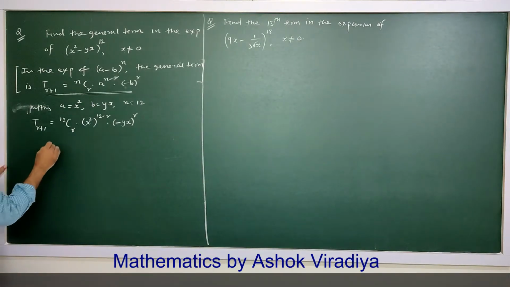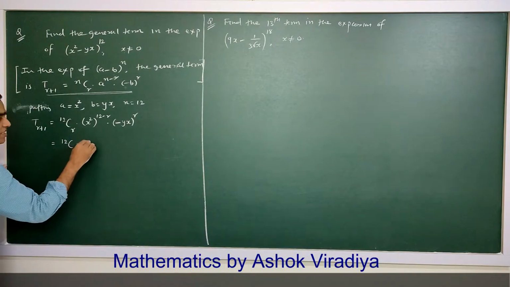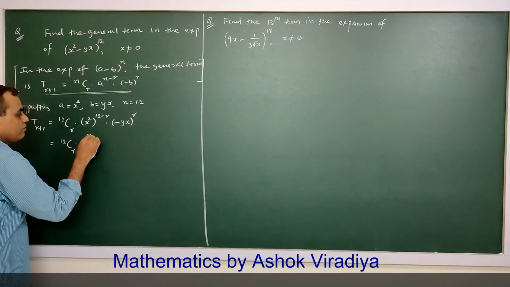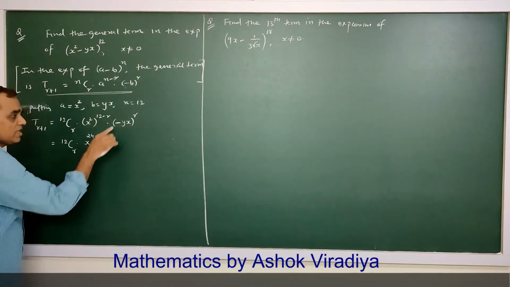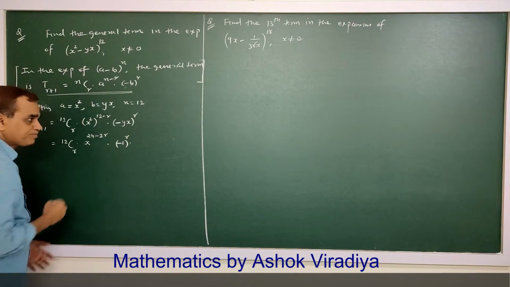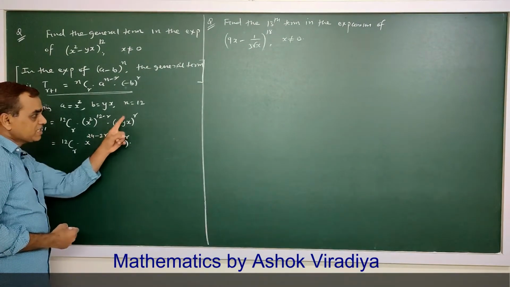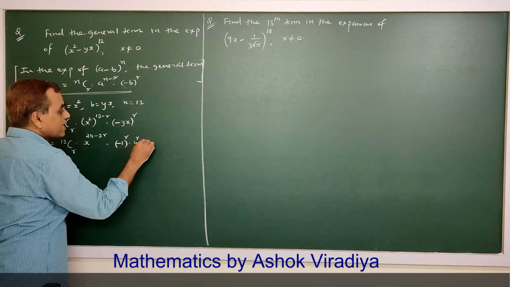So it is equal to 12cr into x raised to 24 minus 2r into minus 1 raised to r, we are separating. Minus 1 raised to r is separated, y raised to r into x raised to r.